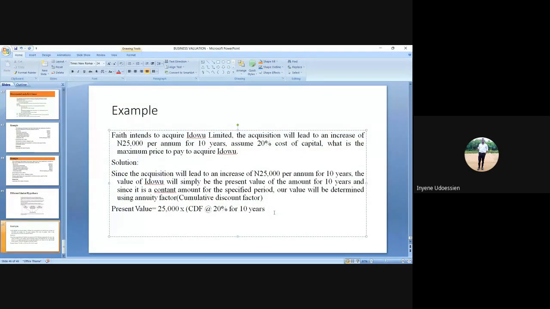The discount factor is 4.192. Yes, I think that should be correct. 4.192, yes, that is the discount factor. So the present value will now be 25,000 times 4.192.